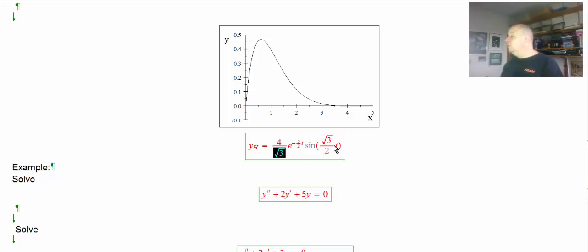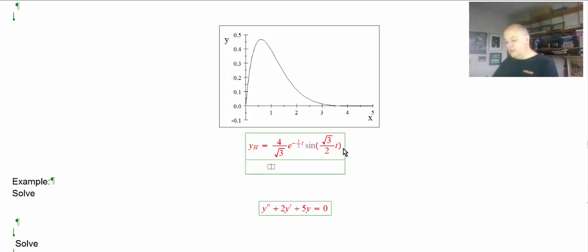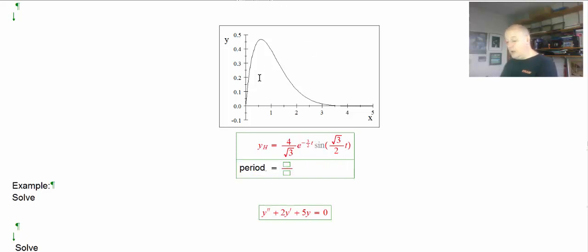So we can also tell some other things. I know that all of the oscillations are captured in this sine function. The period of a normal sine function, just sine t, would be 2 pi. So in our case here, we can have a period function which would be equal to 2 pi divided by the b value.